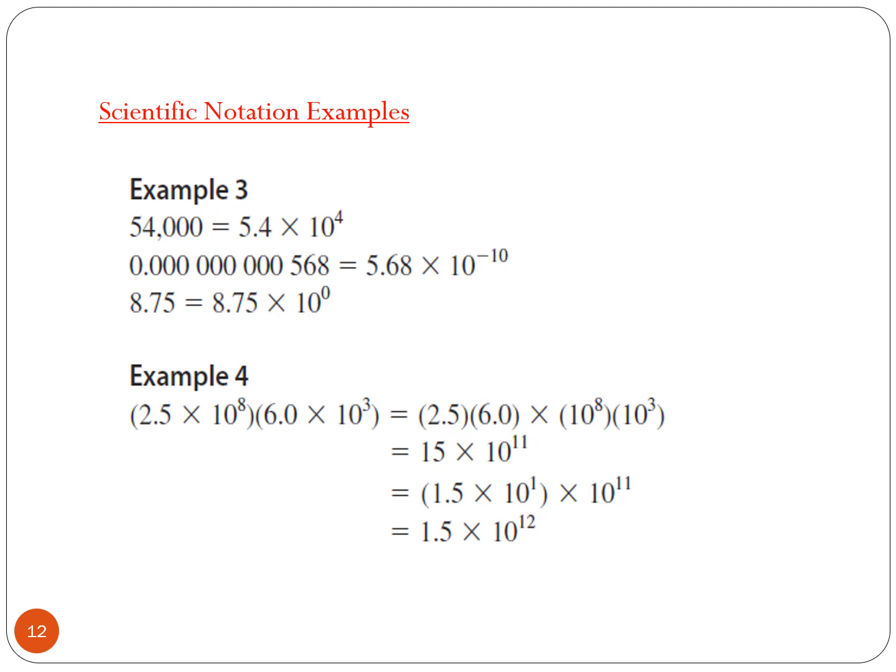This is a very small number. Here, to get a number between 1 and 10, you have to move the decimal to the right. And you need to count how many places you move the decimal. You actually have to move the decimal 10 places to get 5.68.